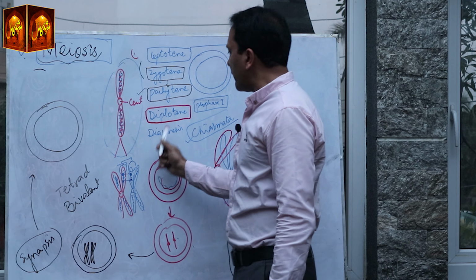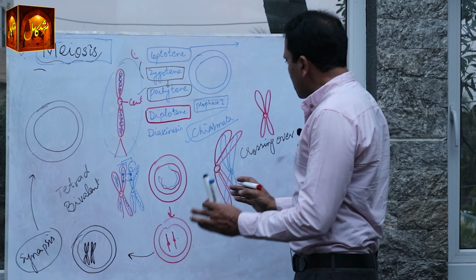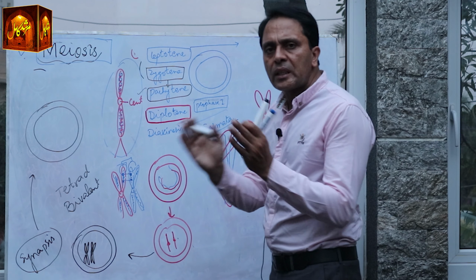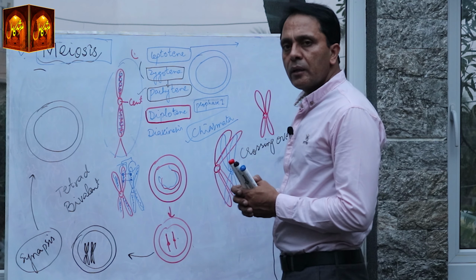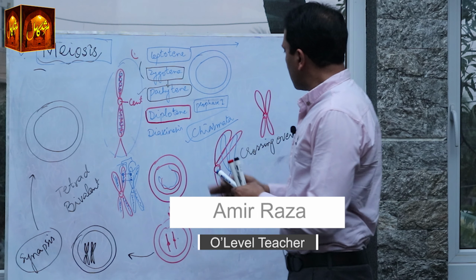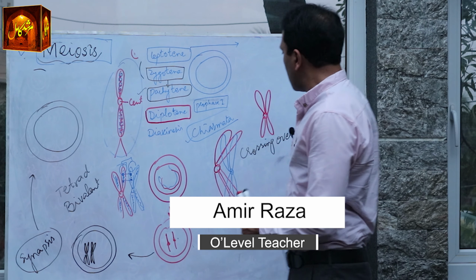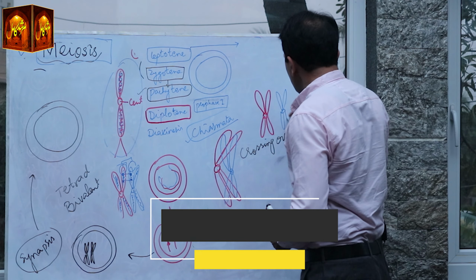So in this way we enter into diakinesis. In diakinesis, the chromosomes will be separated, they will be disjuncted. When disjunction takes place, they will be separated from each other. Over there we will observe one change.